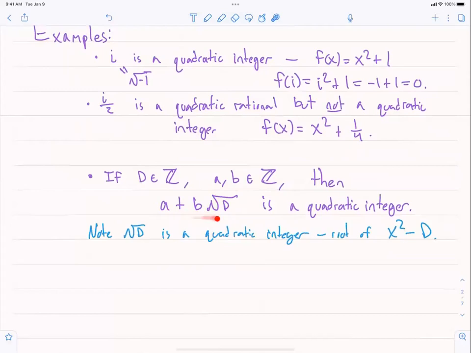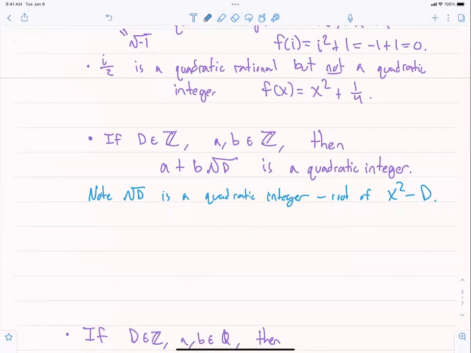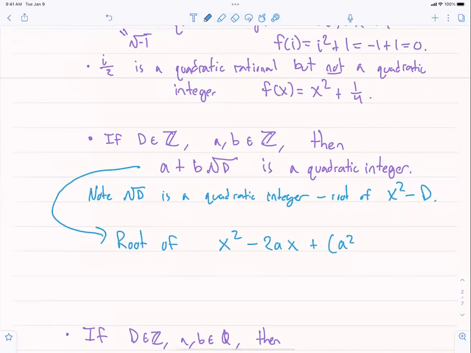But it turns out any way you take a multiple of the square root of d and add to it a, you get a quadratic integer. Let me write down the polynomial. It turns out this is the root of x squared minus 2a x plus a squared minus b squared d.